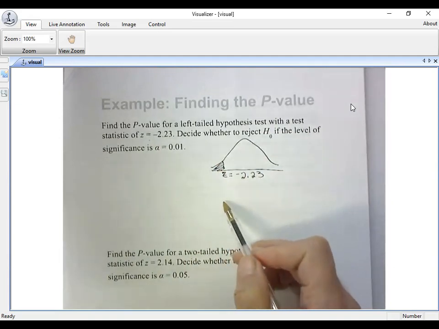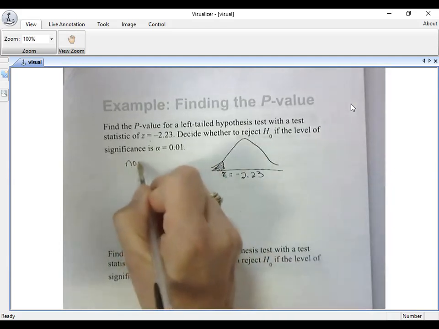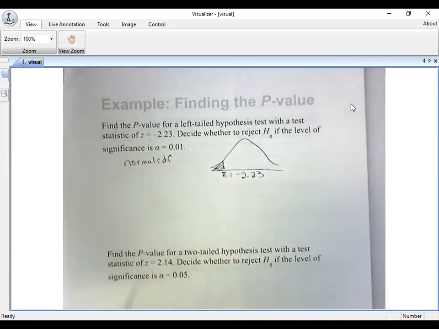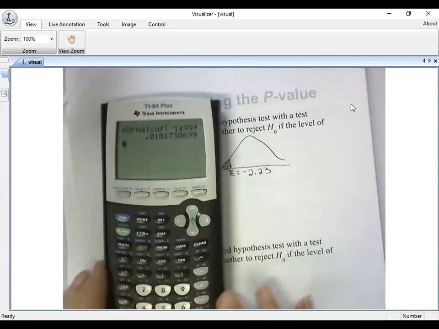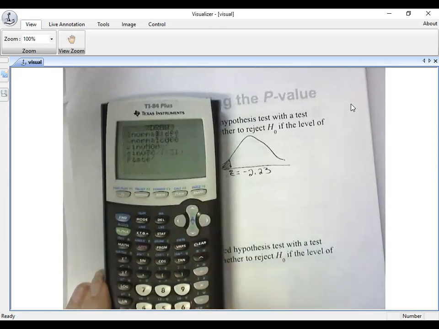That sounds like I could use a normal CDF. So I would go into second VARS and choose normal CDF.